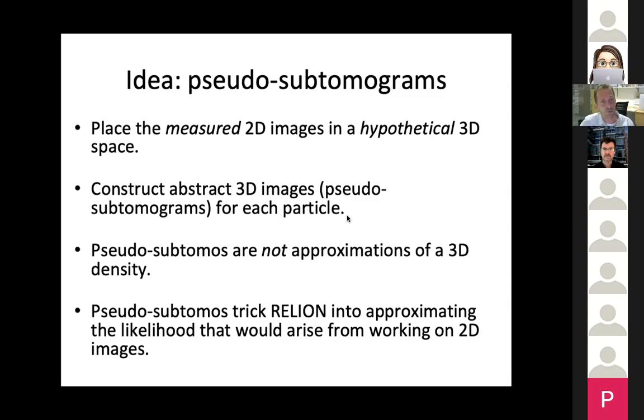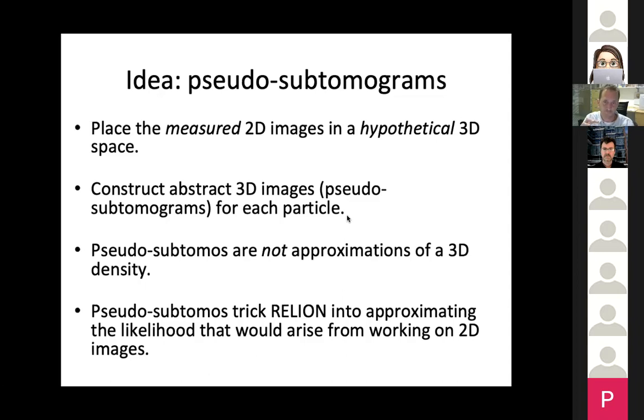But what we wanted to do is to use the raw tilt series 2D images and put them in a three-dimensional volume that could be fed into the conventional code of RELION Refine.